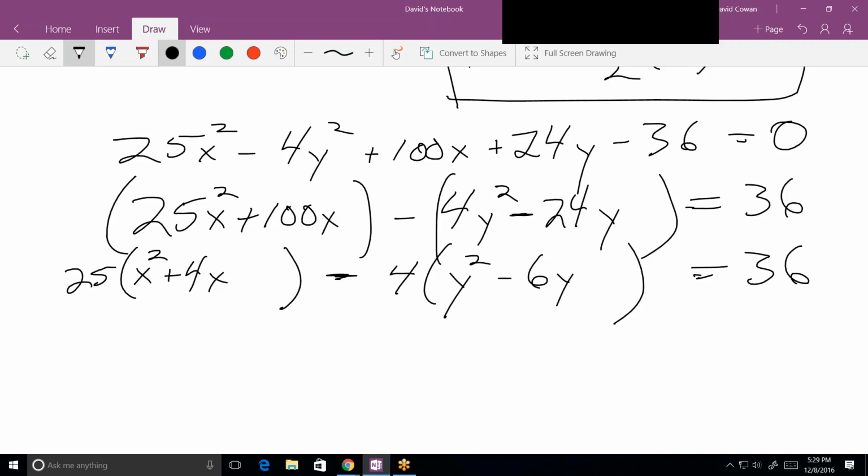Now what? So now we complete the square. You would half the middle coefficient and then square it. So that would be 4 times 25, so then you'd add 100 to the other side.